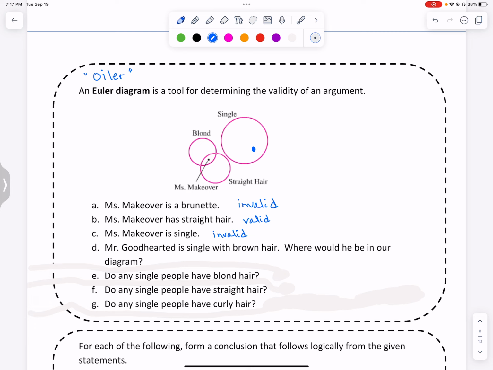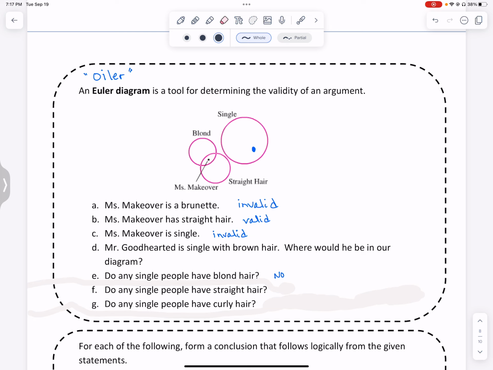Okay. Do any single people have blonde hair? Notice all the single people. Does that circle intersect with the blonde? If it was like this, then yeah, but it's not. So nope, we don't have any single people with blonde hair.